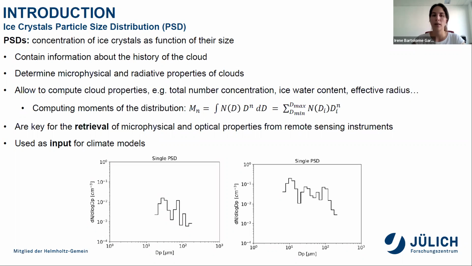This can be done by computing moments of the distribution. PSDs are also key for retrieving cloud properties, both microphysical and optical, from remote sensing instruments, and they are also used as input for climate models.